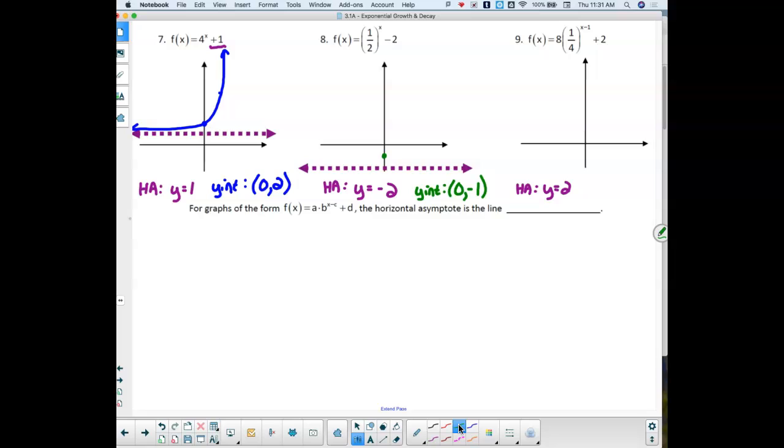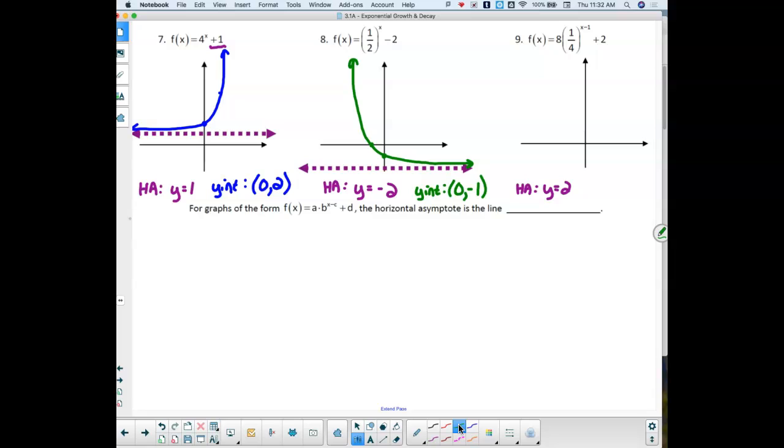So instead of plugging in +1 for this one, what would be a better choice to plug in, since it's a decay? -1. Okay, so if I plug in -1, 1/2 to the -1 power is 2, minus 2 is 0. So this one actually goes through the point (-1, 0) and would look like that.